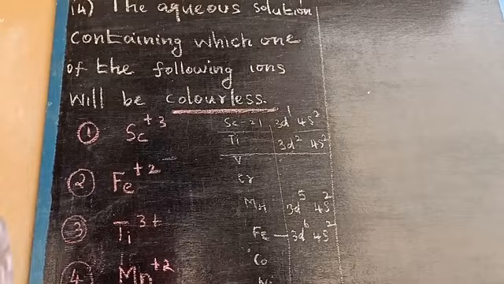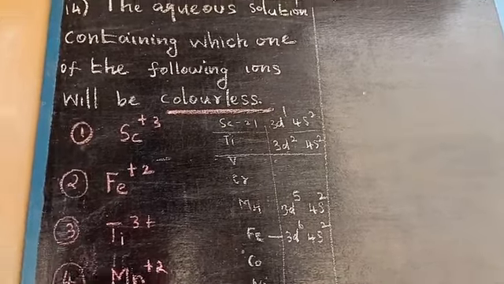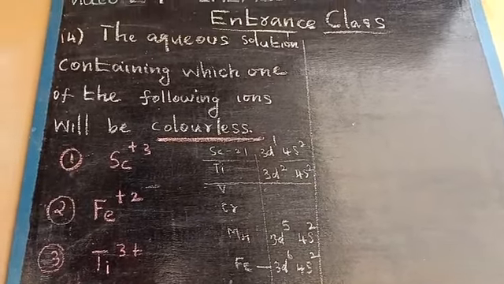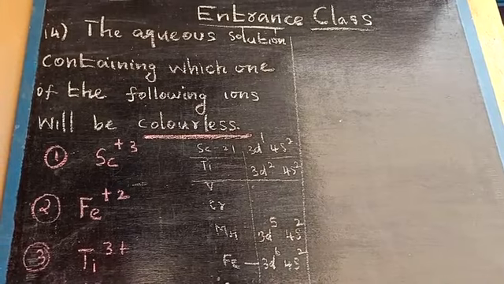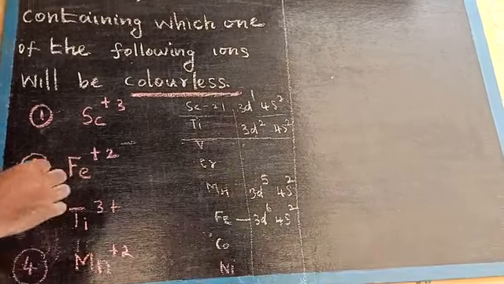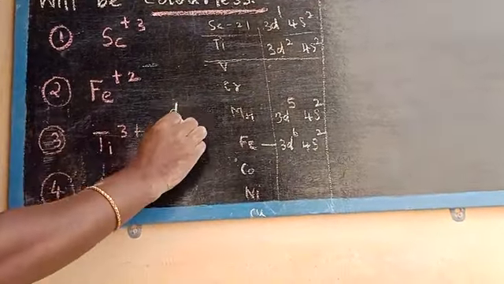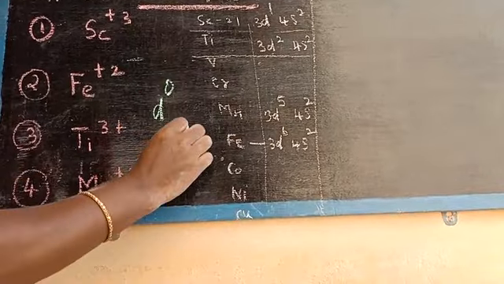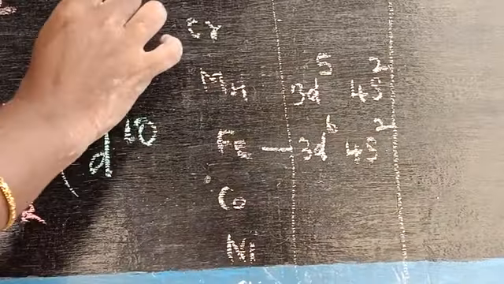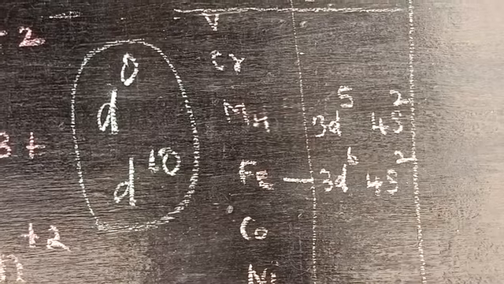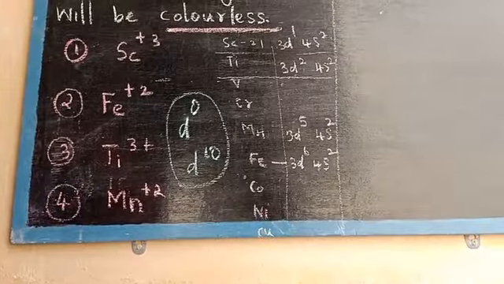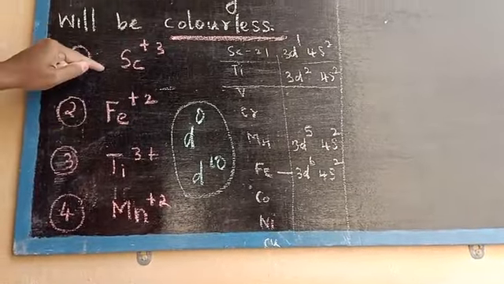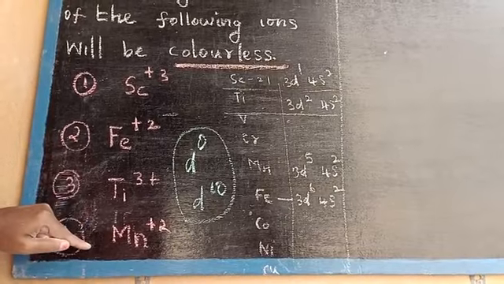It contains unpaired electrons, it is colored. No unpaired electrons, it is colorless. No unpaired electrons means the d orbital has either 0 or 10 electrons. For such a condition, the element is colorless. Based on this, let us find the correct option.